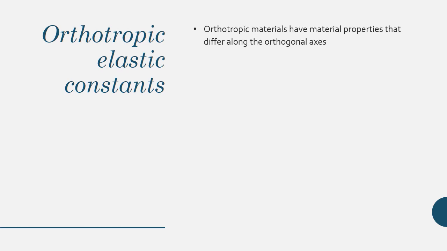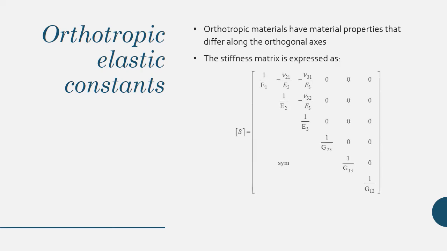For the orthotropic elastic constants, we know that orthotropic materials have material properties that differ along the orthogonal axes, which means that the x-axis has its own Young modulus, Poisson ratios, and shear modulus. The stiffness matrix is expressed as follows.